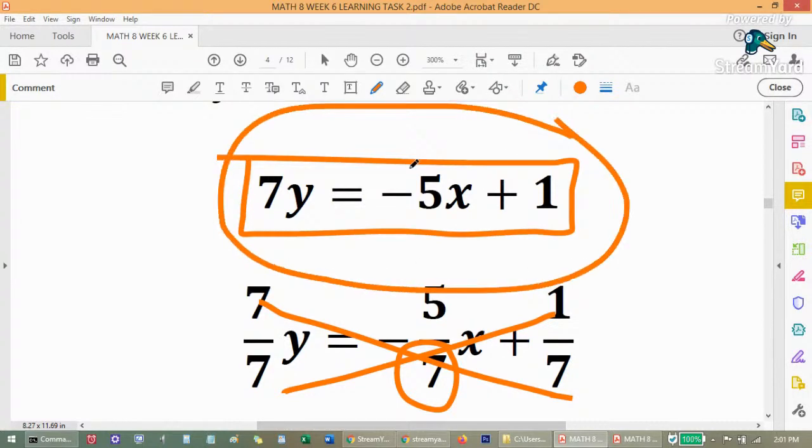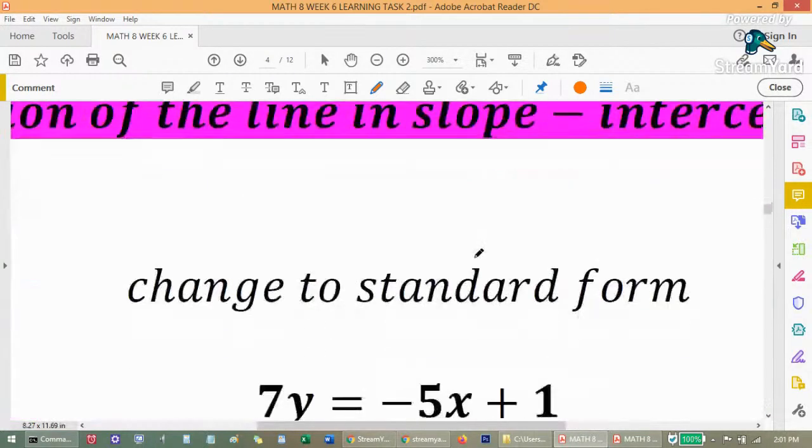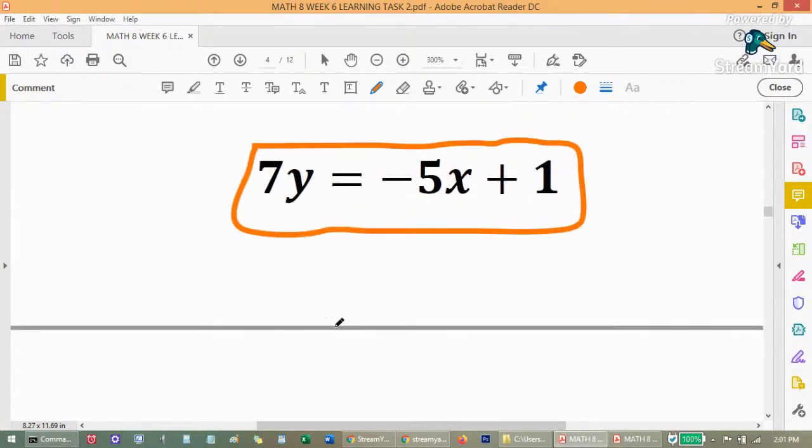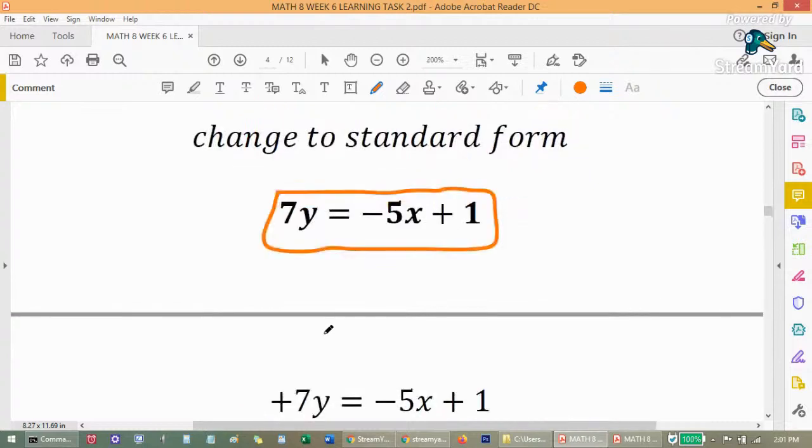Kokopyahin natin to. 7y equals negative 5x plus 1. And then gagawin nating standard form, ax plus by is equal to c.